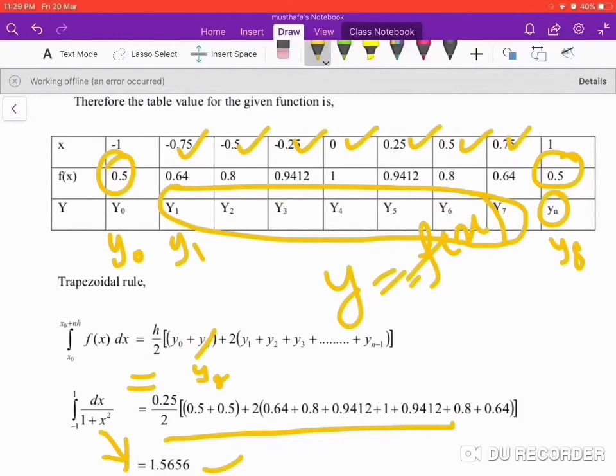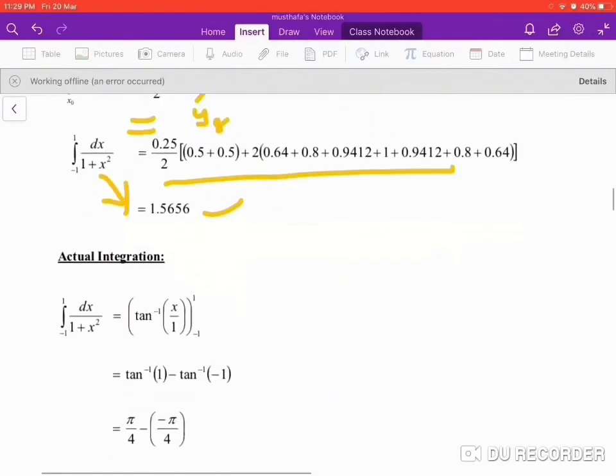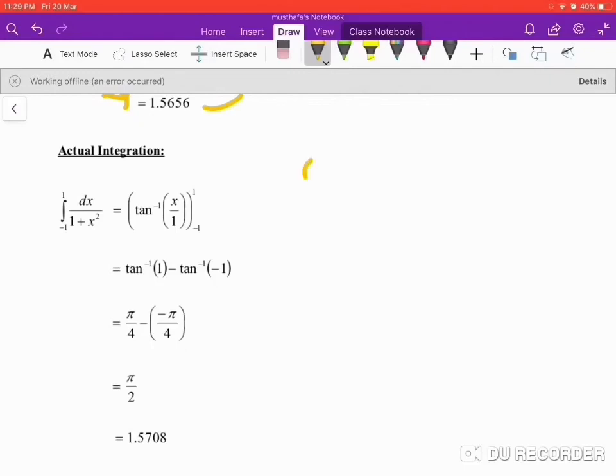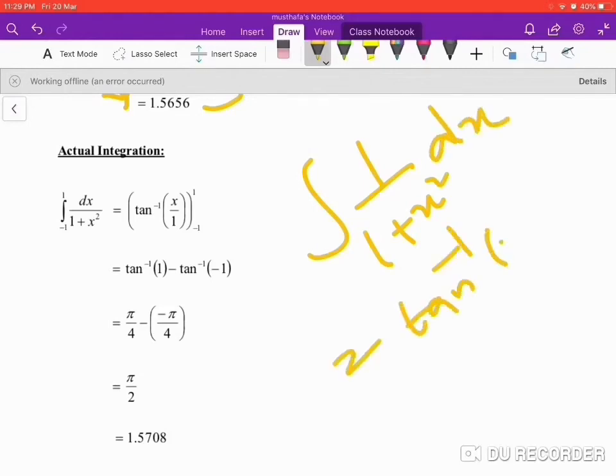Now let us see the actual value of the given integral using the basic techniques that we have learned in calculus 1. The integral of 1 over 1 plus x square dx is tan inverse of x. Now when you apply the upper limit for x as 1 and the lower limit as -1, tan inverse of 1 is pi over 4, and tan inverse of -1 is -pi over 4.